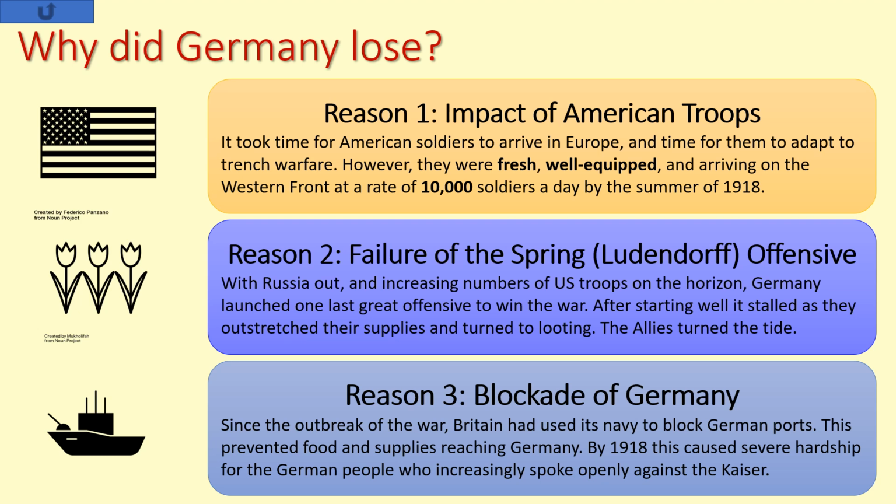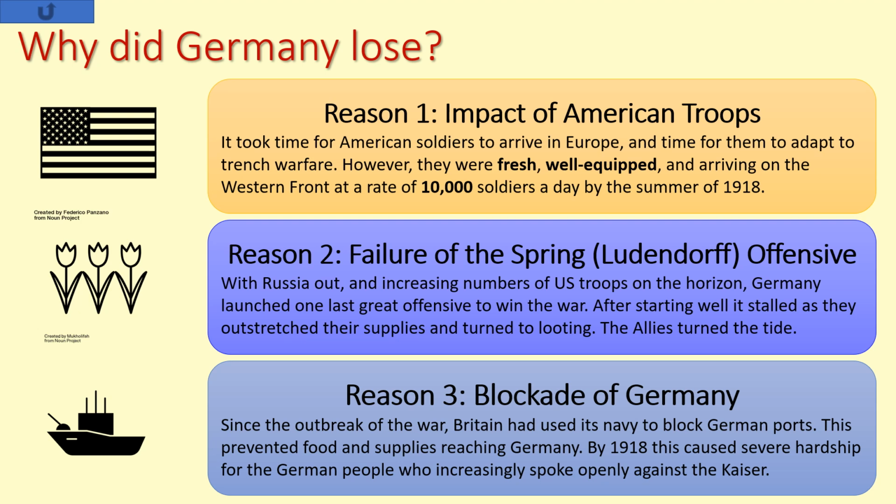The other reason, which I've alluded to before, is the blockade of Germany that has taken place since the start of the war. So Britain has used the size of its navy to prevent ships from travelling to German ports and stop supplies getting there. This creates severe shortages, not just of food, but of raw materials as well, the kind of raw materials that you need to make the weapons to fight a war.